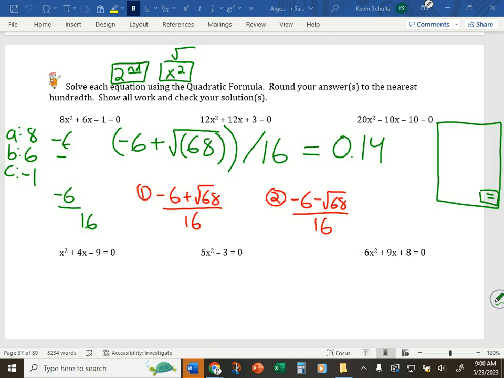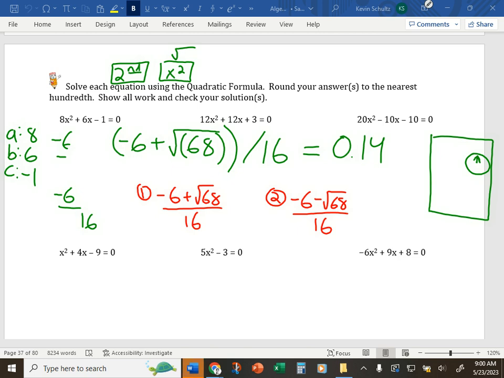Sorry, I'm thinking of my TI-83. When you have your answer, go to the four arrows and press the up arrow, and you'll notice it goes back to this equation you just put in and allows you to edit it. What's the only thing you need to change? You change the plus to a minus, and you press enter again.